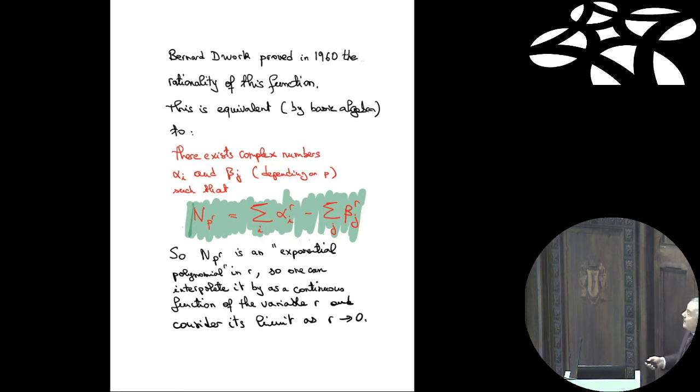You get that there is a finite family of complex numbers which depend on P, and your number N_P^R can be written as the sum of the alphas to the power R minus the sum of the betas to the power R. In fact, the alphas and the betas are connected. They are essentially the roots of the polynomials occurring as the numerator and the denominator.